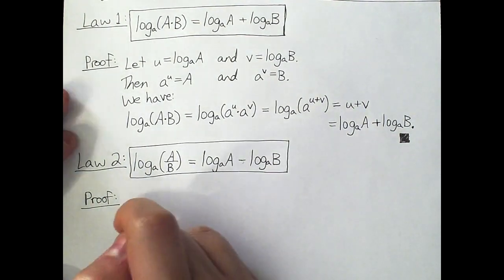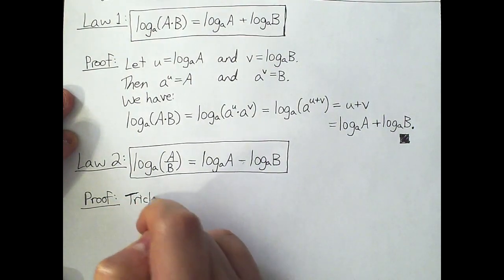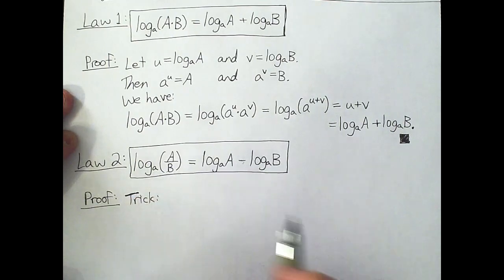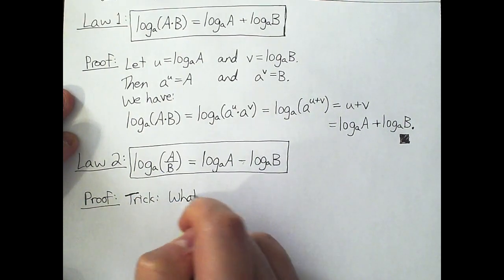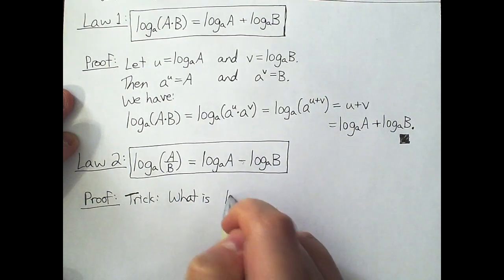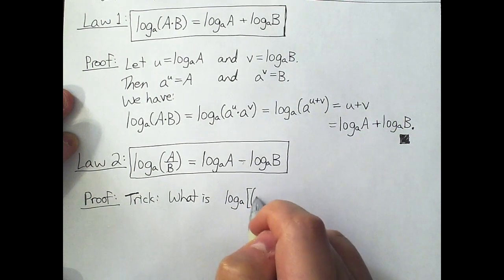For this proof, we're going to use a trick. This trick would be hard to come up with from scratch, I think, but once you see it, hopefully it'll all make sense. I'm going to say trick. What is log base A of this expression?